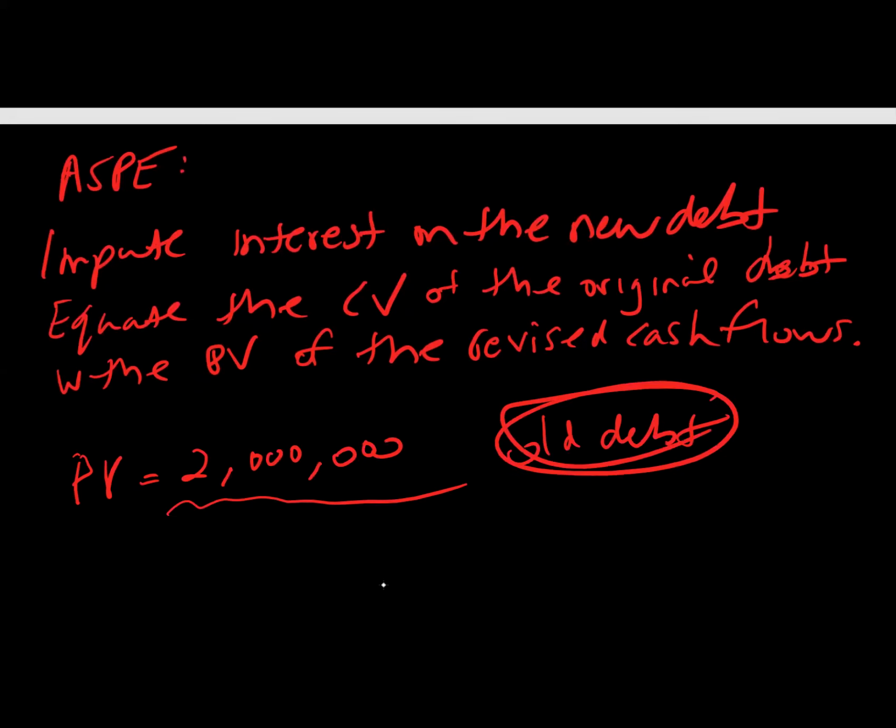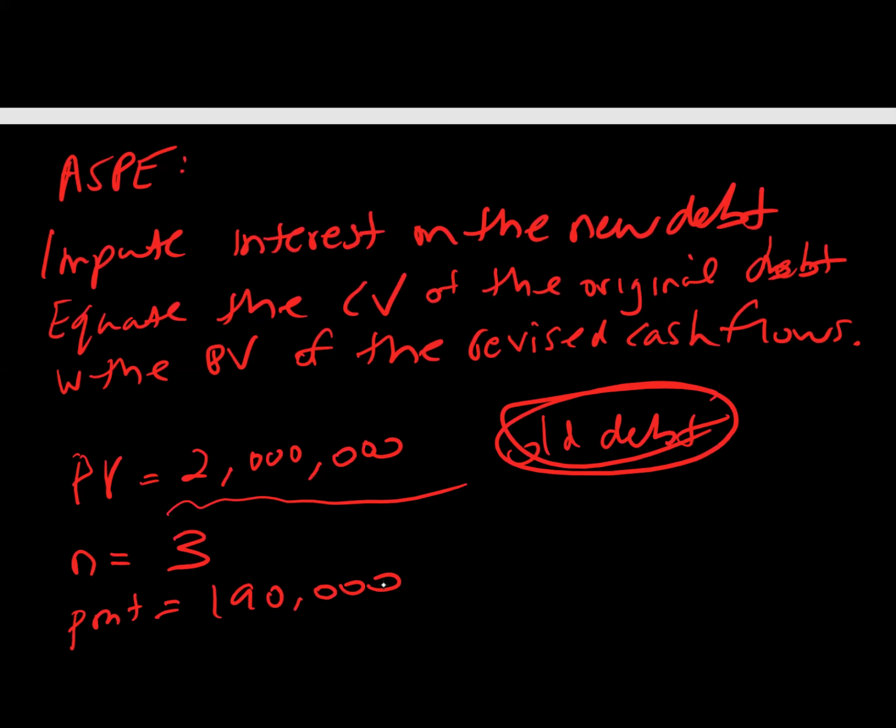This is what we include in our calculation to compute the interest rate. So just the present value of the old debt, and then everything else is for the revised debt arrangement. The N is going to be 3. Our payment is going to be 190,000, which is 1.9 million, the face value of the new debt, times the 10% new interest rate.